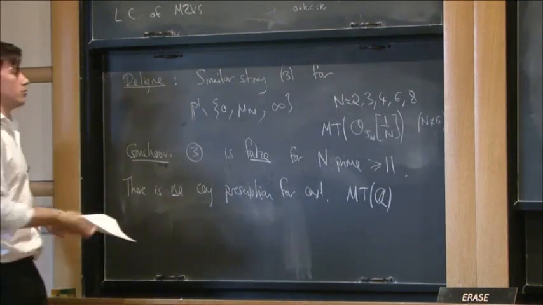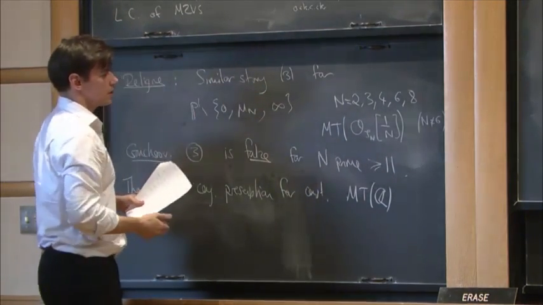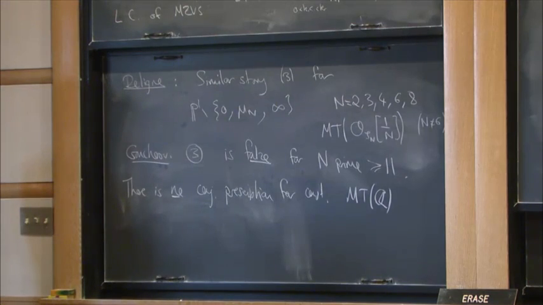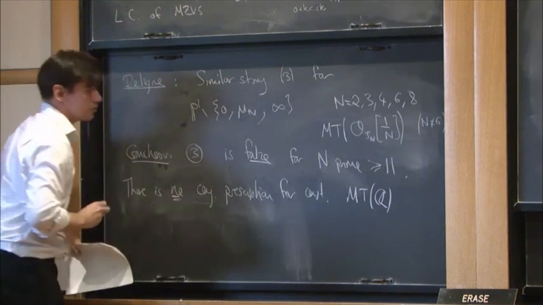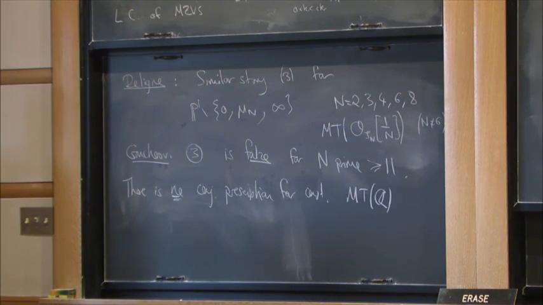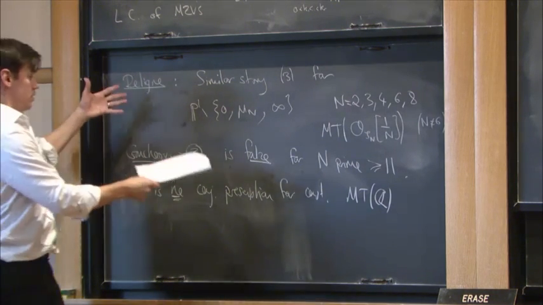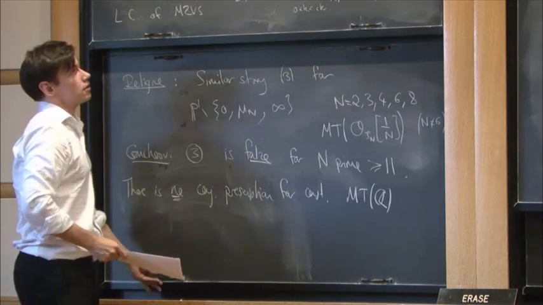So you could try to remove more points and do a Galois descent argument, and that turns out to be much more difficult than you think. So I have a PhD student working on this. It's very tricky indeed. So we don't really know what to do at this point.